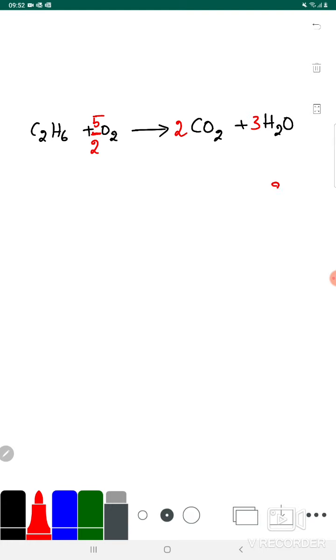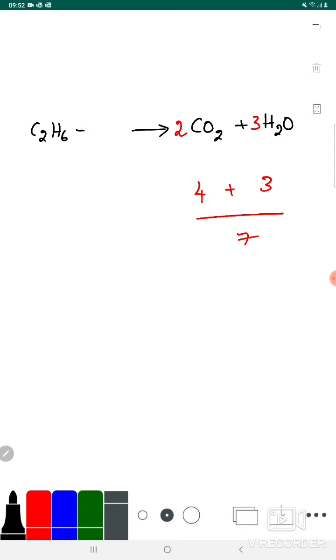Now again the count of oxygens change. Here I am having 4 plus 3, total of 7. So what I will do, I will change this 5 by 2 now to 7 by 2. So I have 7 on the left hand side as well.